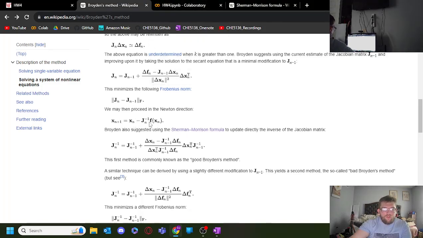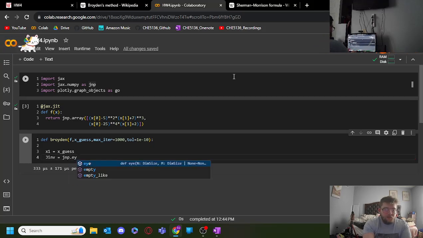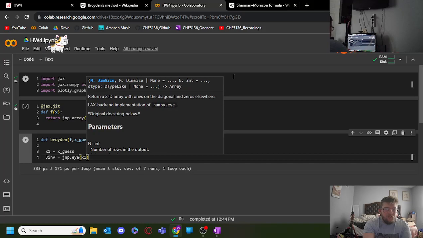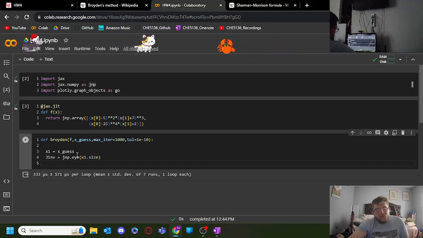Now, for our initial inverse of our Jacobian, we're just going to have an identity matrix, x1.size. That's just going to make that diagonal ones in the size of x1.